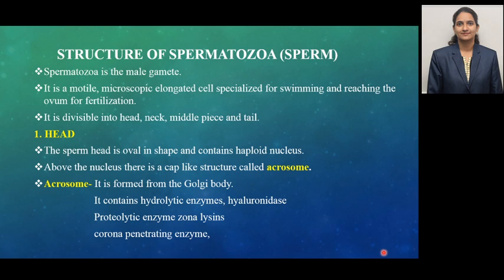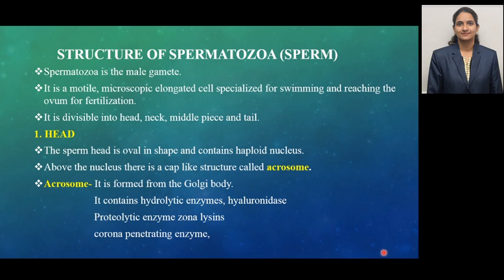Hence, for the fertilization process, spermatozoa shows specialized swimming abilities. It is divided into head, neck, middle piece and tail. We're going to see in detail all these parts.